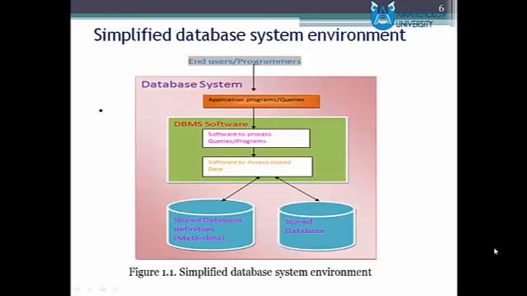To complete our initial definitions, we will call the database and database management system software together a database system. You can see this figure from slide number 6.